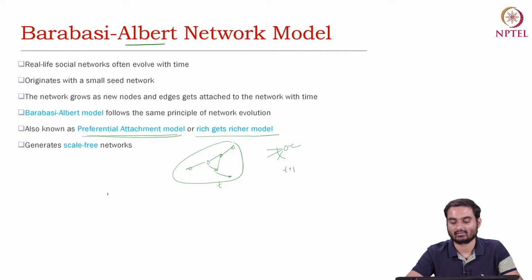We will see that this rich gets richer model allows you to generate a network which follows a power law, a scale free network. The Barabasi-Albert model is also called the scale free model.